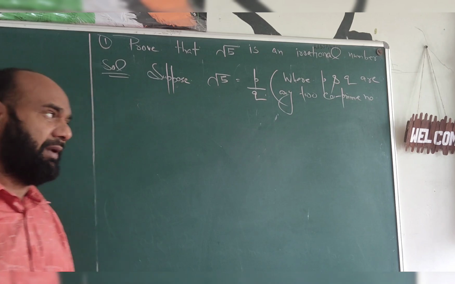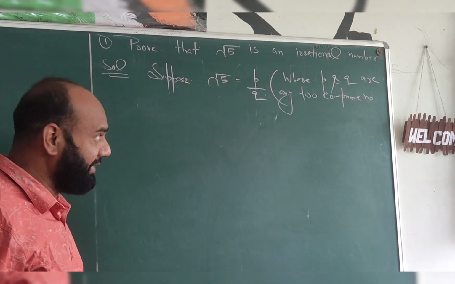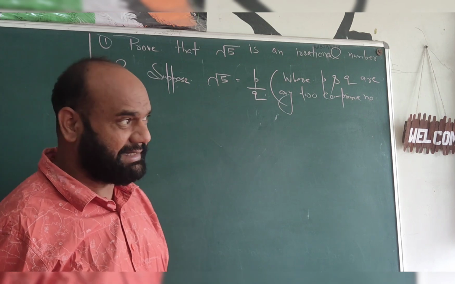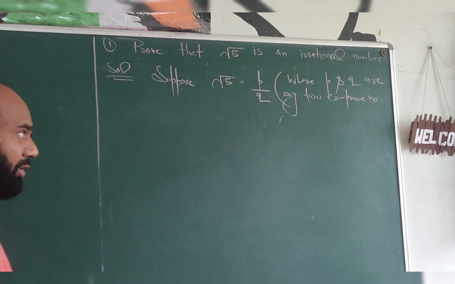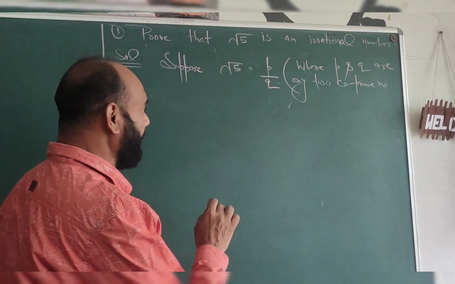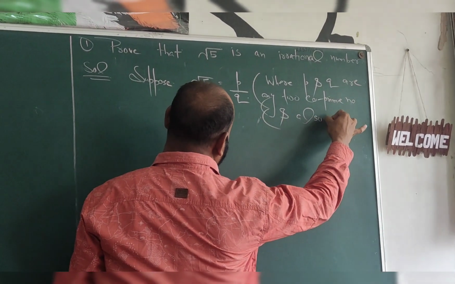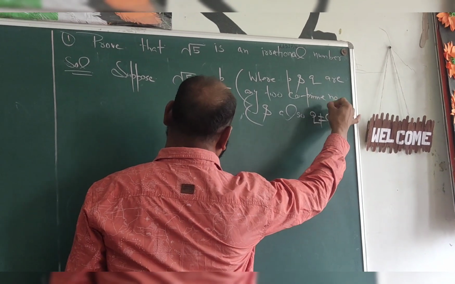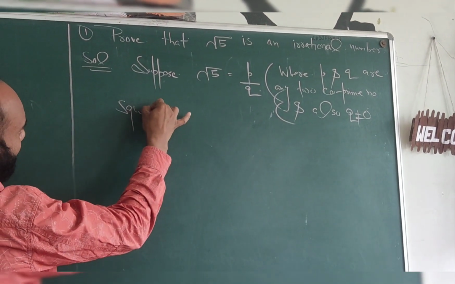We know co-prime numbers are numbers which have highest common factor 1. In other words, any two integers whose highest common factor is 1 are said to be co-prime numbers, and also q is never equal to 0.